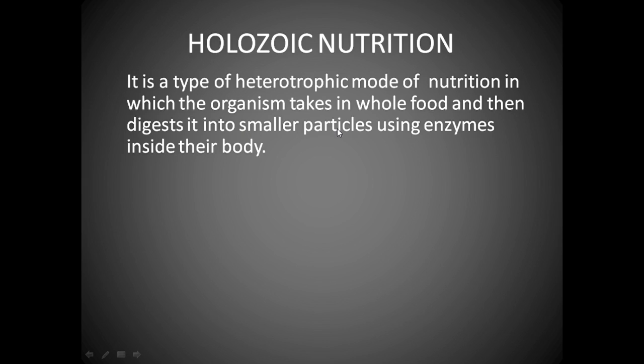Now we'll just compare this one with the other two types of heterotrophic nutrition. For example, if we take the parasitic mode of nutrition, there the organism is depending upon another organism or the host for its nutrition. But the difference is that there the host has already digested the food and now the parasite has to just derive those digested nutrients.